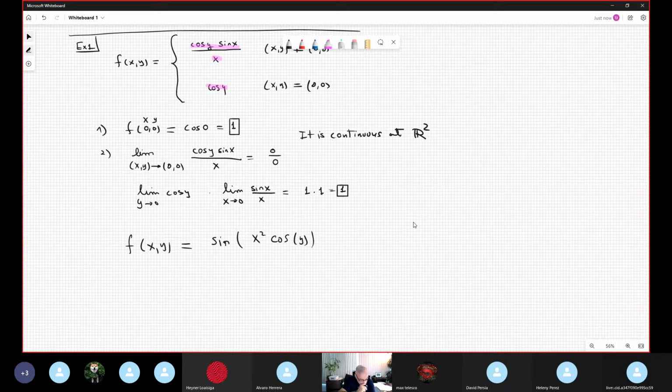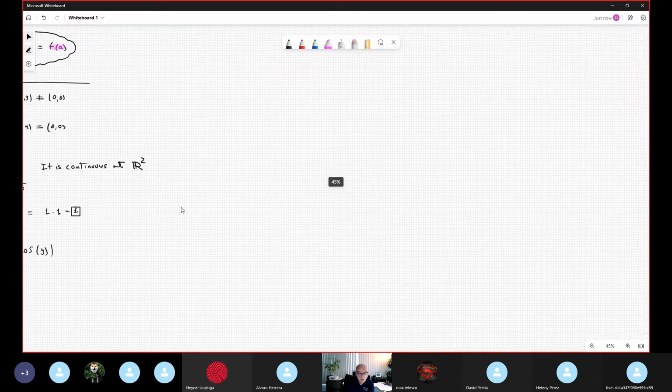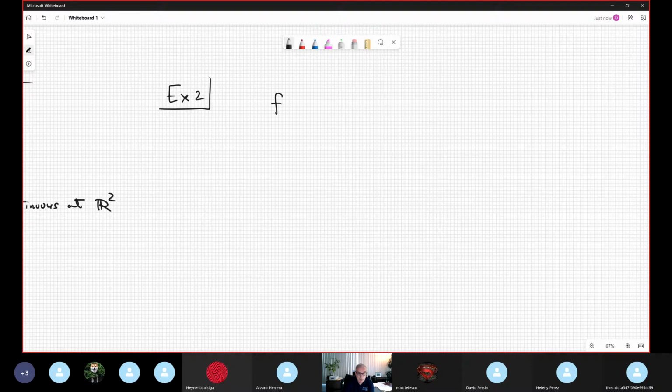Okay, let's do another problem that looks complicated, a little bit different. Example 2, continuity. Suppose a piecewise function again.